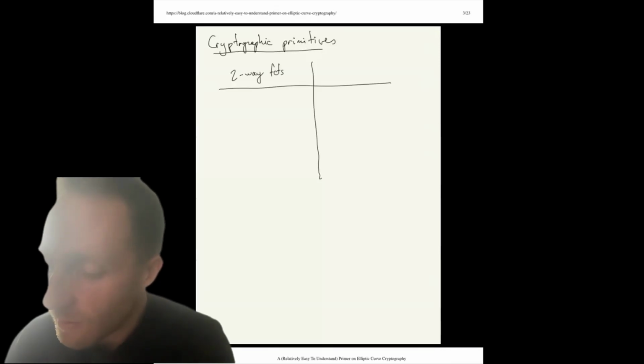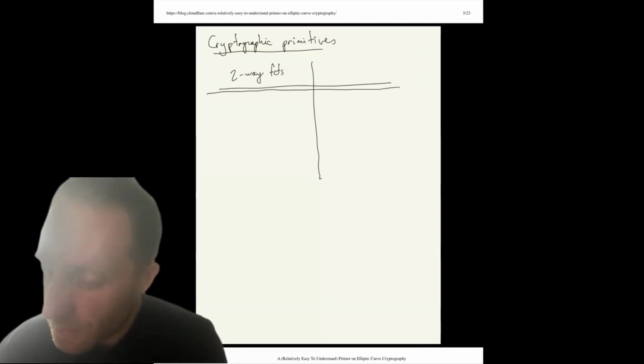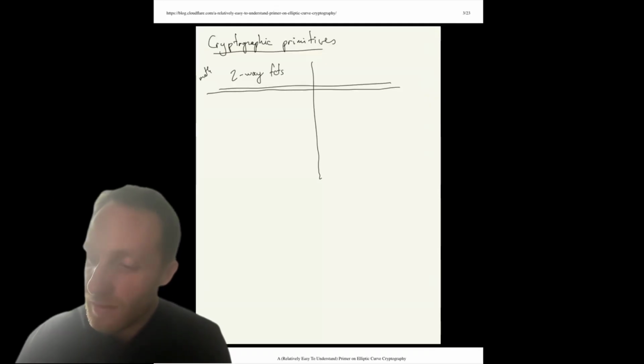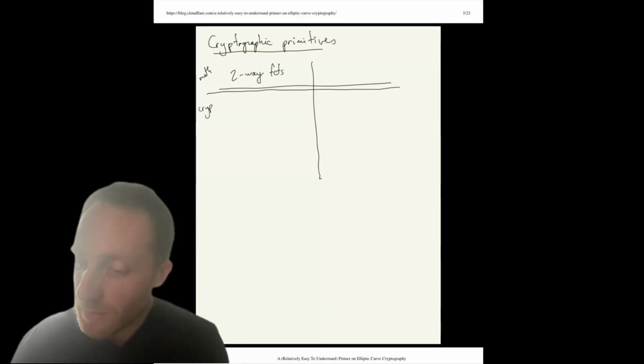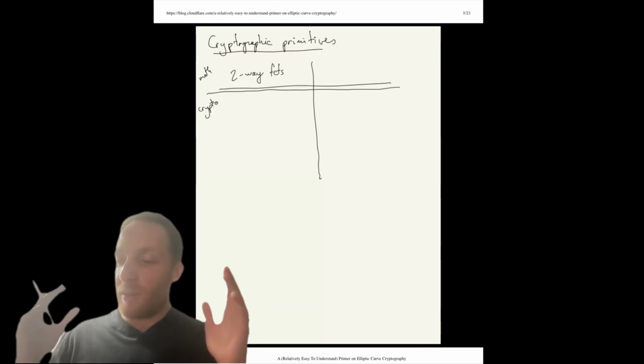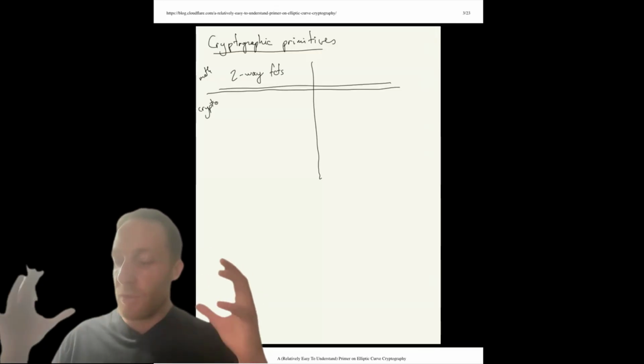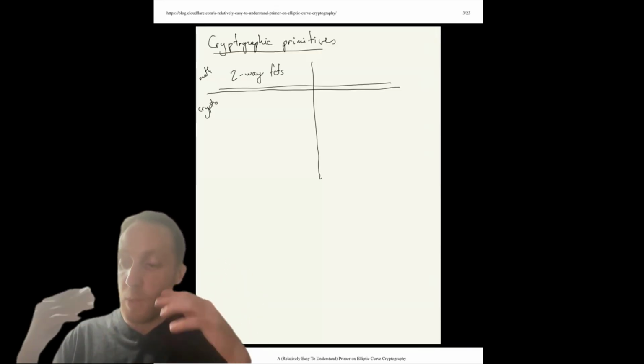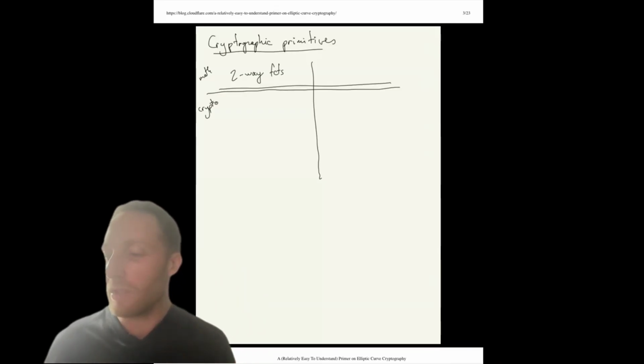I want to separate what is math from what is crypto. It's kind of an arbitrary distinction, but what I'm trying to say is that there are a bunch of two-way functions out there. Most of them are not cryptographic functions. Why is that?